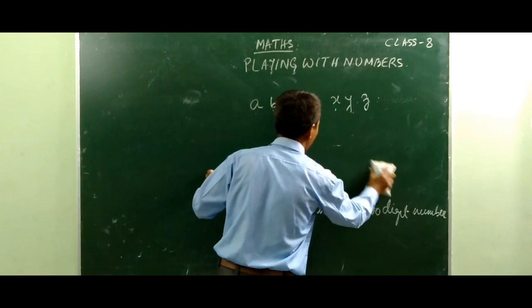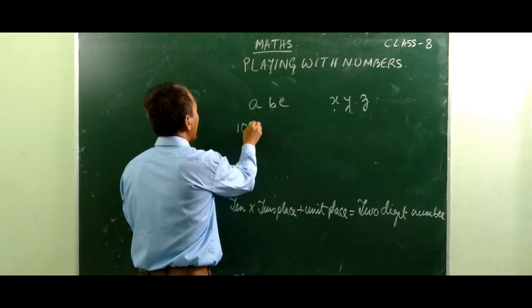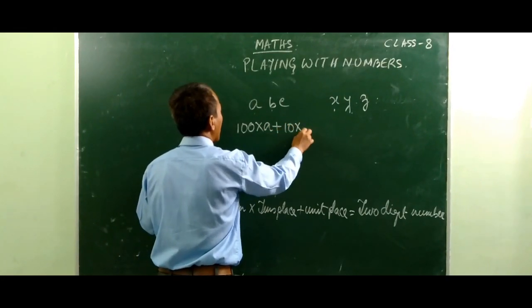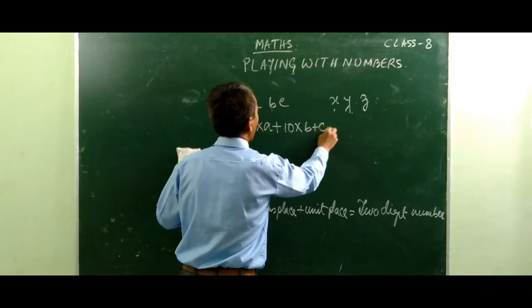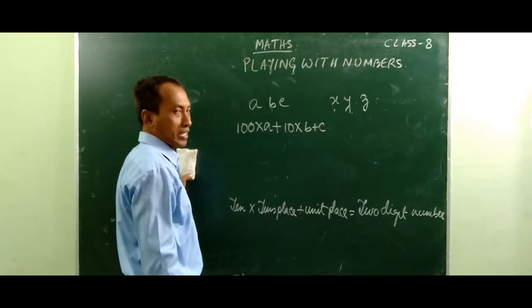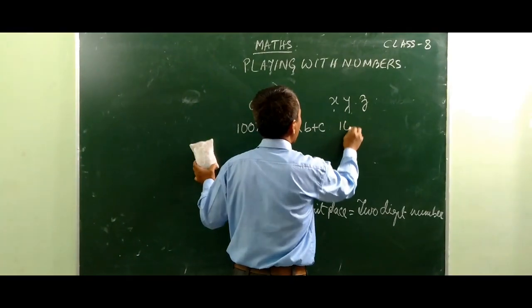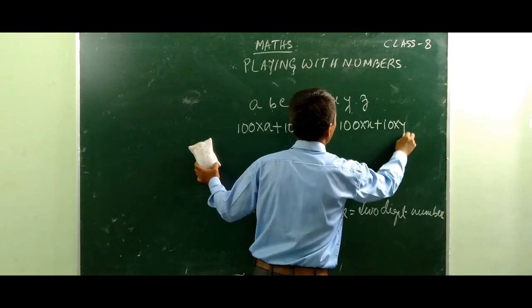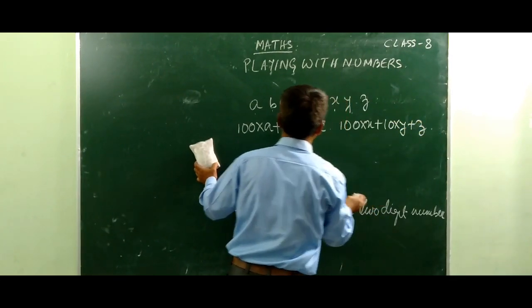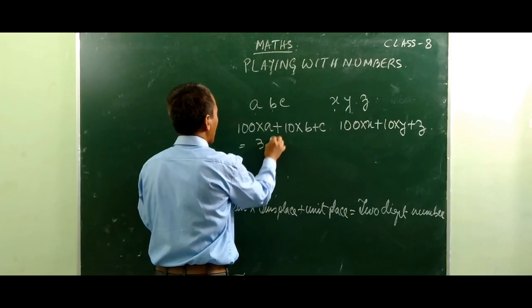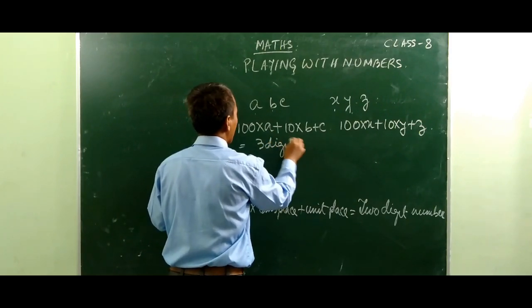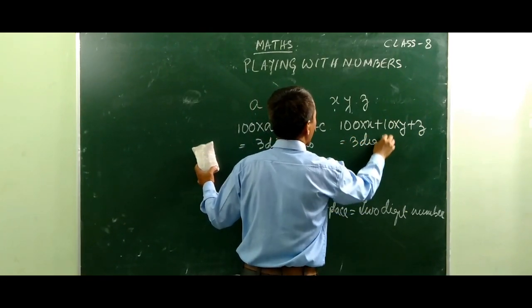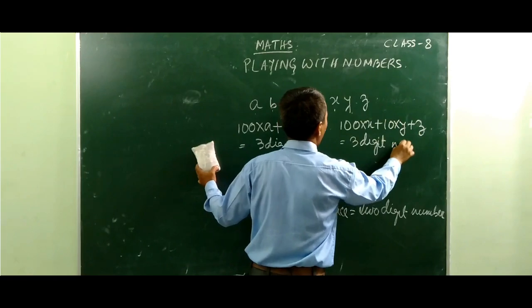The formula is similar: 100 into hundreds place plus 10 into tens place plus unit place. This is your 3-digit number.